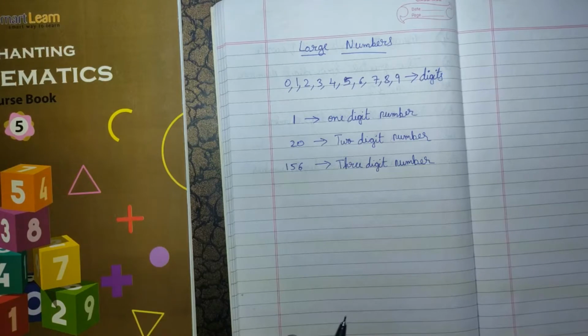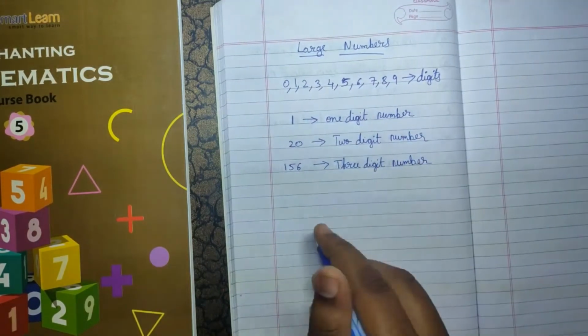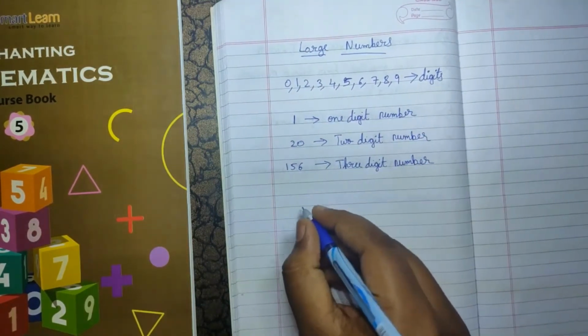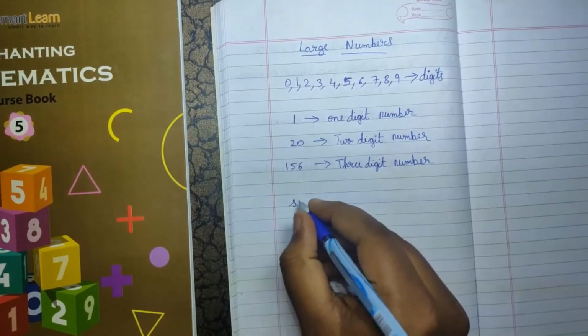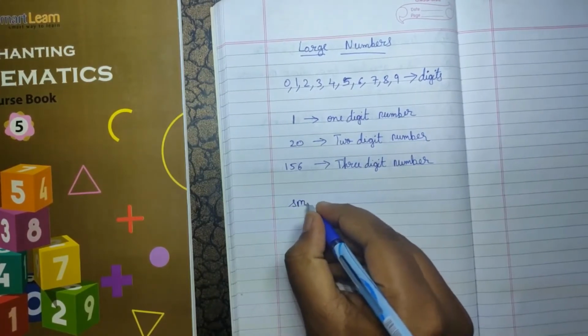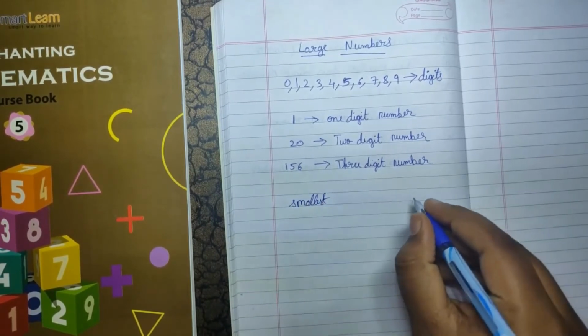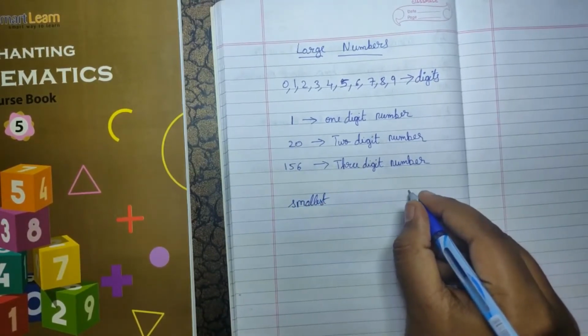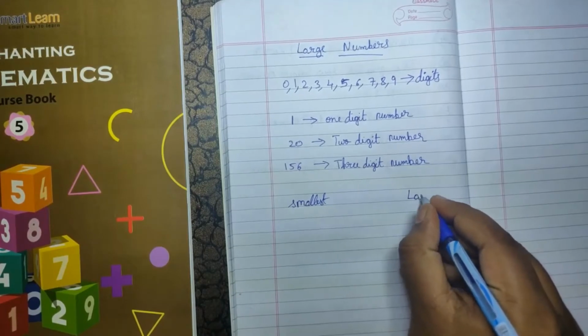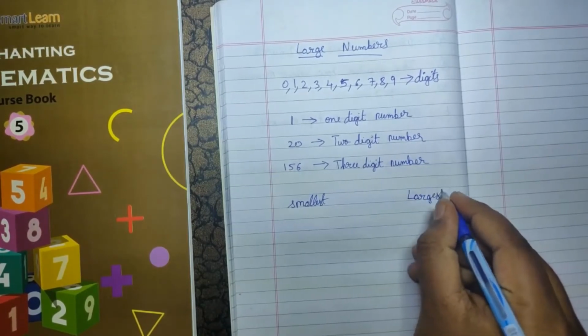Now let us see which is the smallest one digit number and which is the largest.